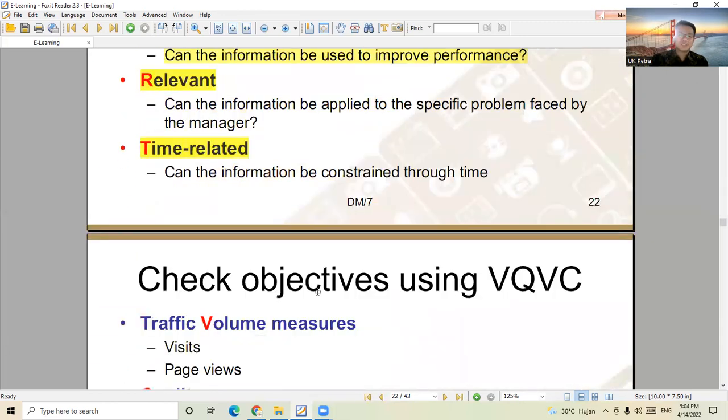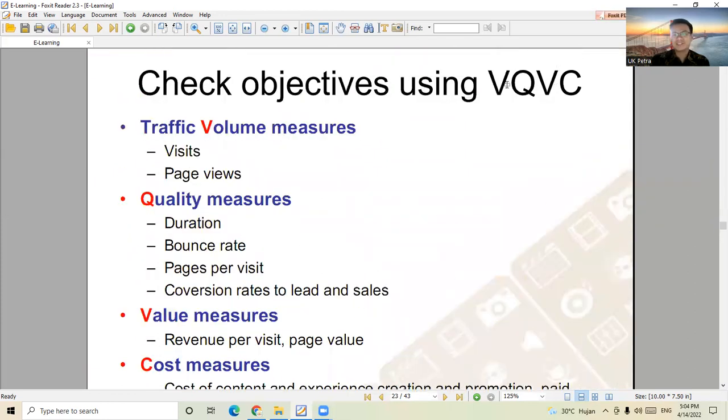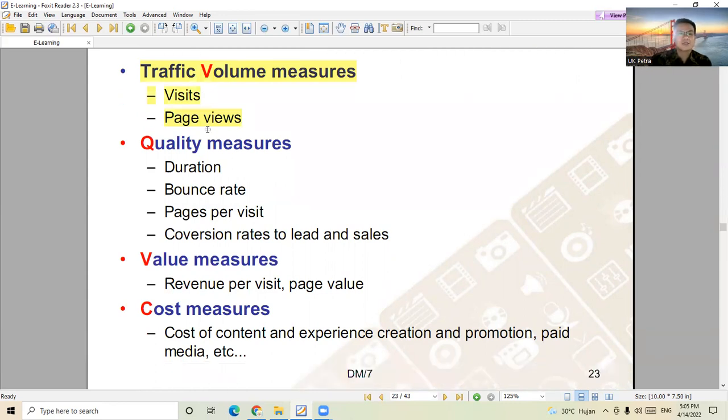Other than SMART objectives, we can check our objectives using this abbreviation, VQVC. The traffic volume measures are actually the KPI, but more technical. The first V is the volume measures: how many persons visit the website, how many users or customers view the page.